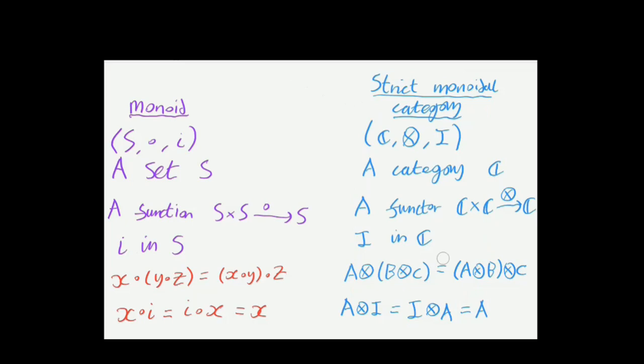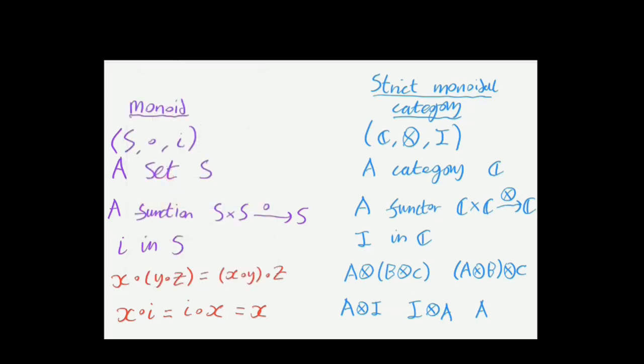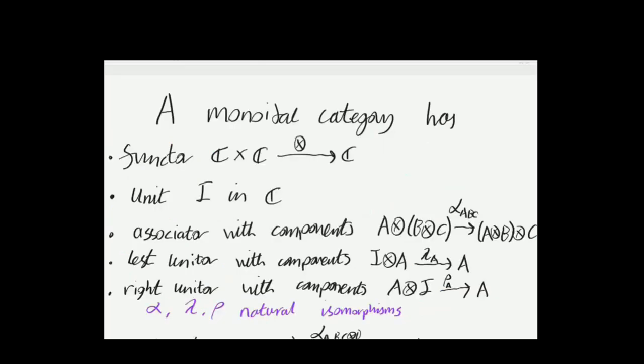So rather than having equal signs here, we would prefer to just say that we require these things to be isomorphic in a particular way. And we basically call the version of this concept where we make that relaxation a monoidal category. Now I'll go over the proper definition momentarily.